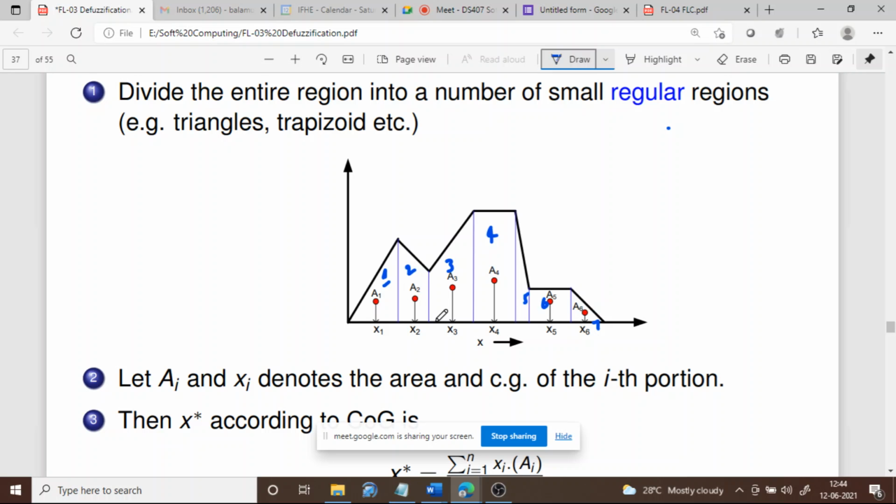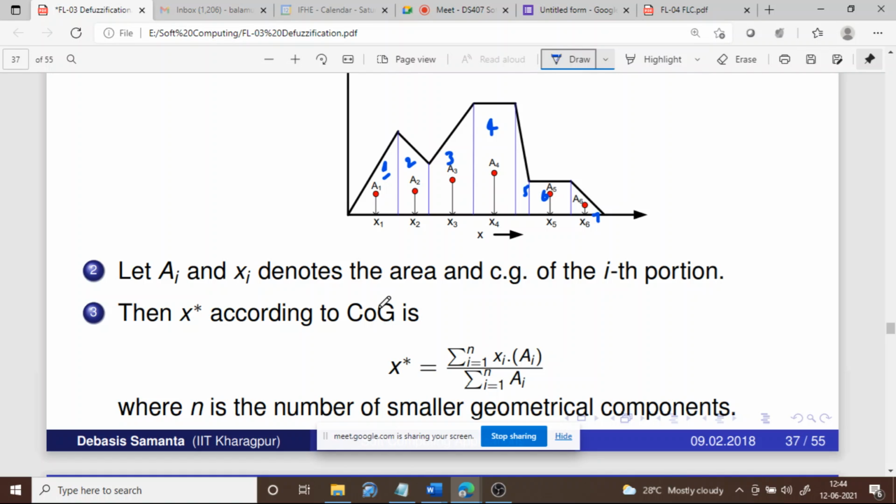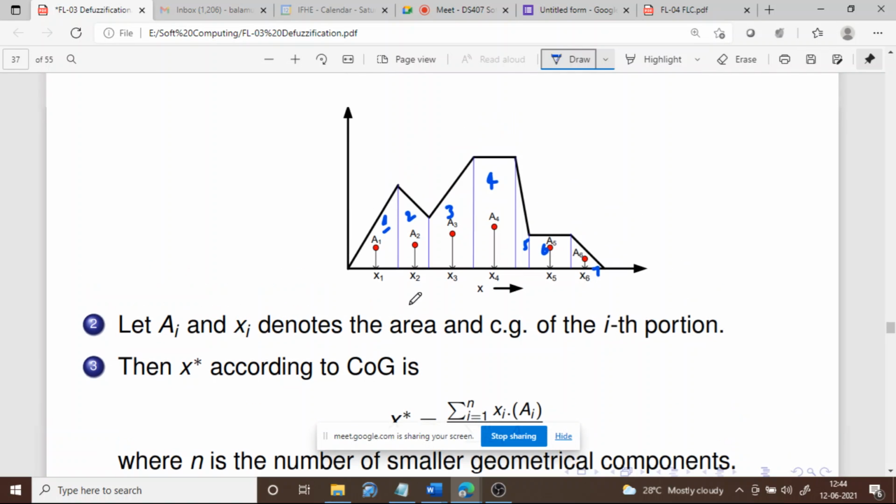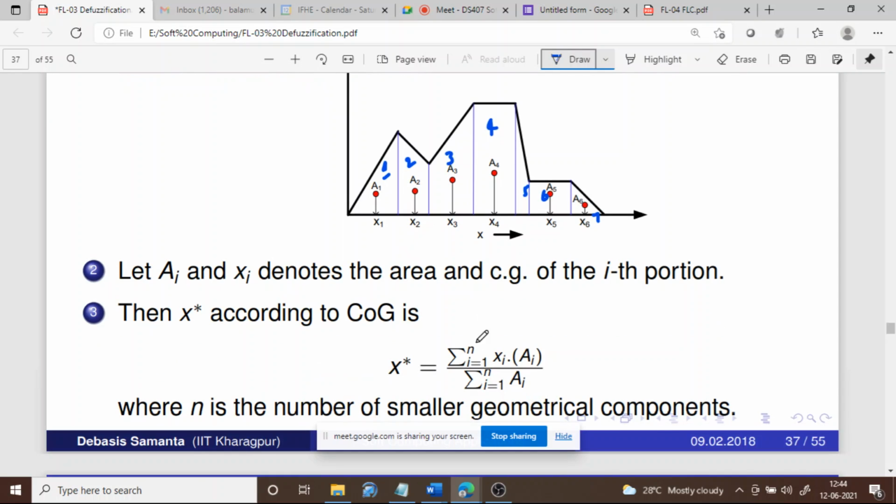After finding the area of all the parts, according to COG, if these are discrete values, you can perform the summation of xi into ai, where xi is the centroid point. For each area you have a centroid point.